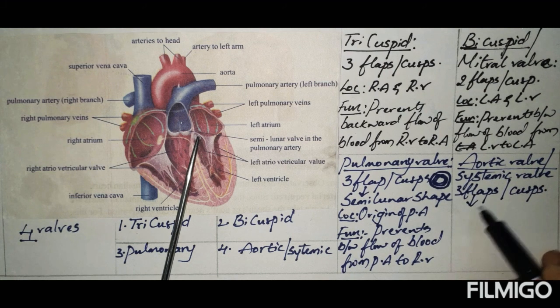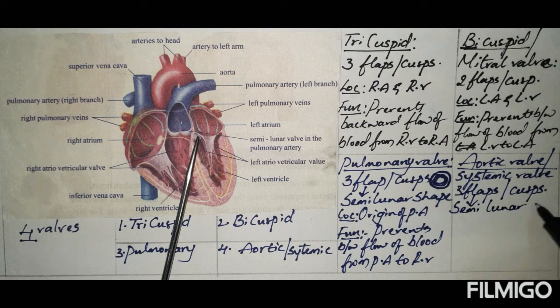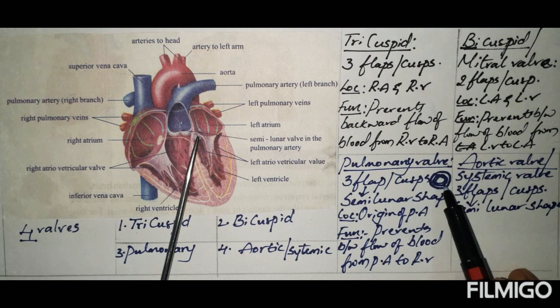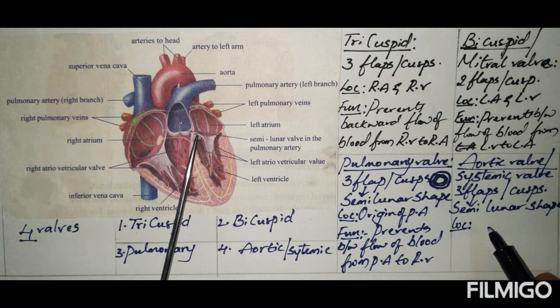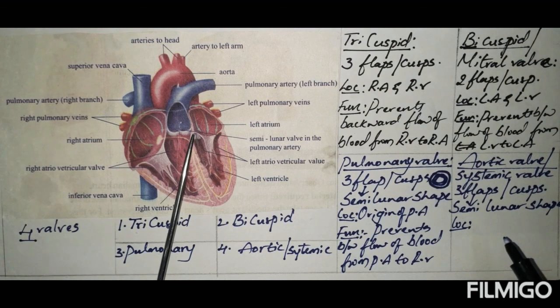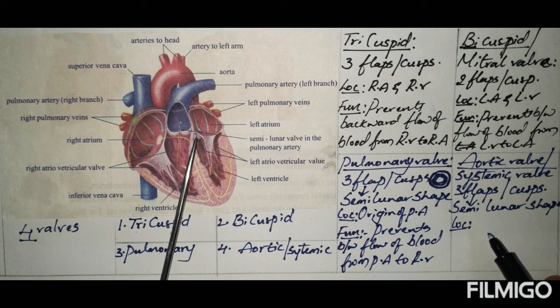And these flaps are semi-lunar shaped, the same as the pulmonary valve. When the valve opens, the flaps or the cusps look similar to a crescent shaped moon.